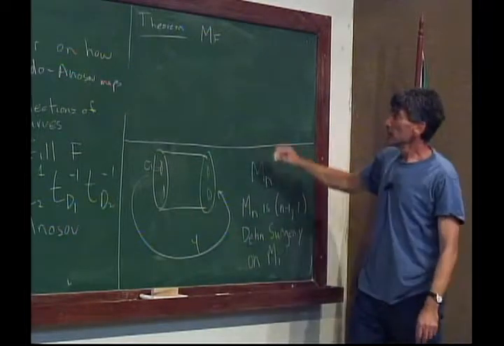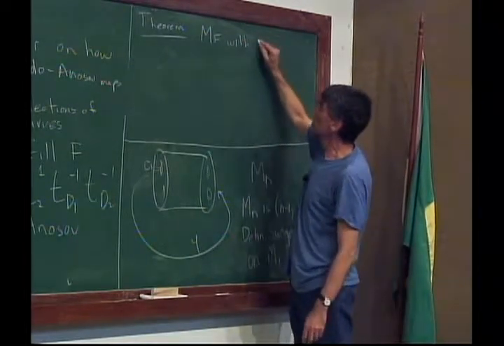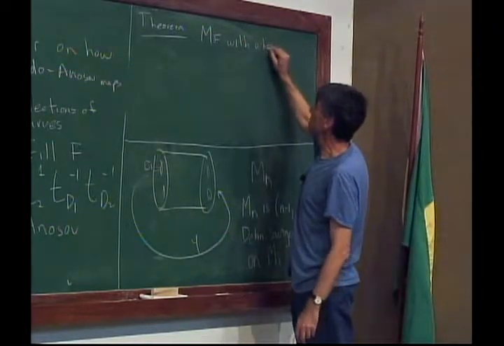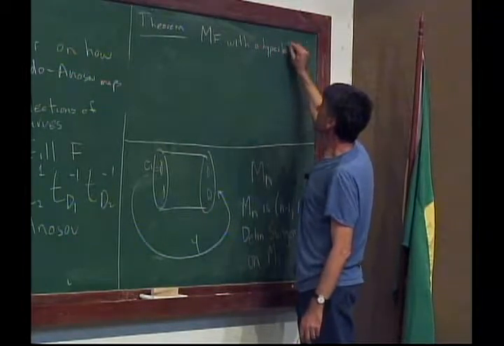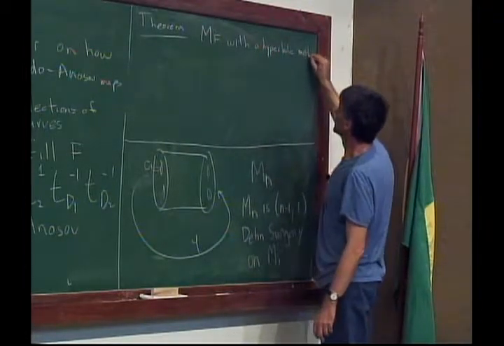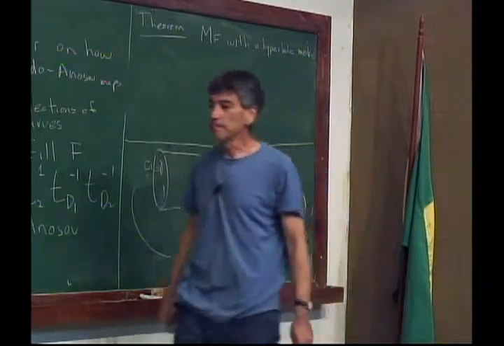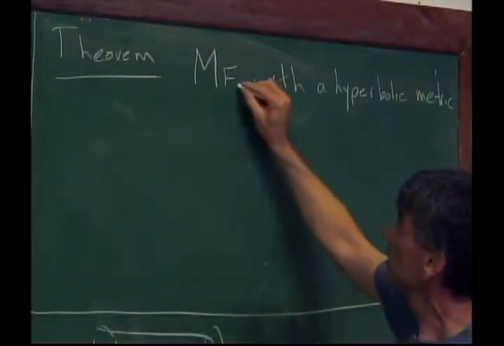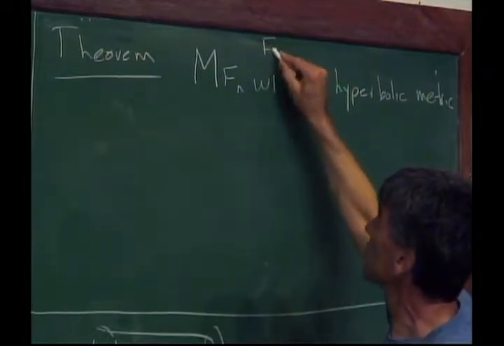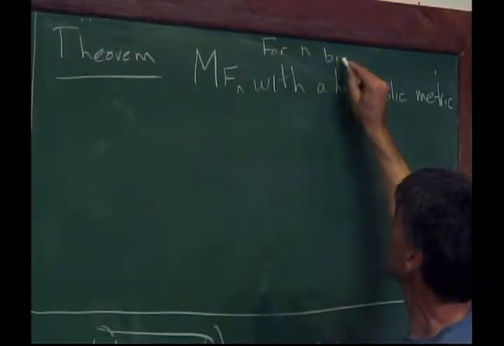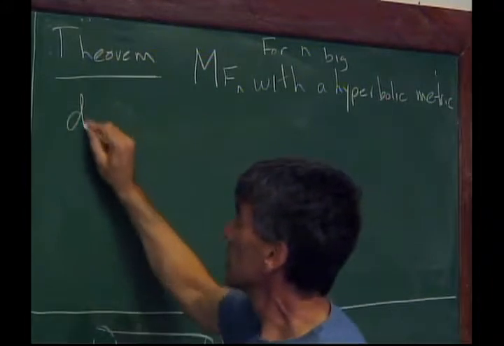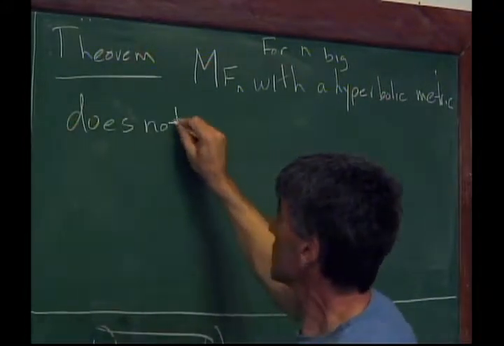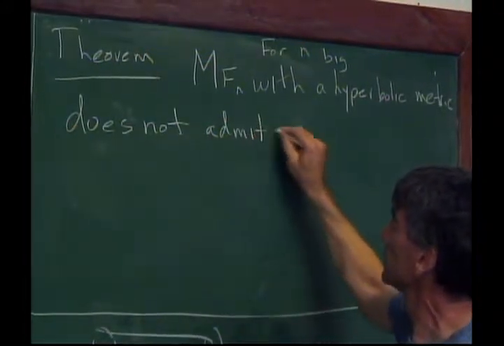This bundle with the hyperbolic metric, and by this I mean if you go far enough out in the sequence and choose that n, so for n big, does not admit any foliation.